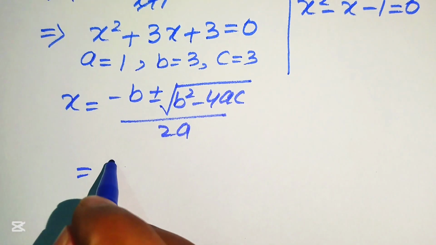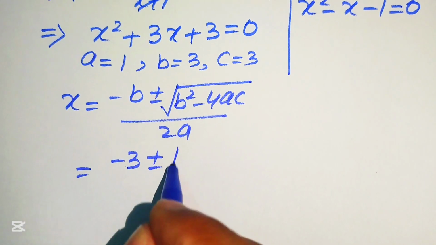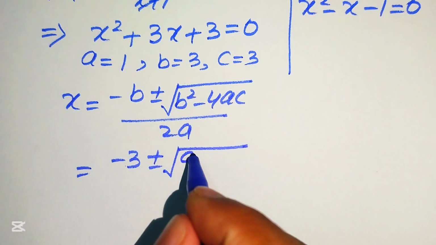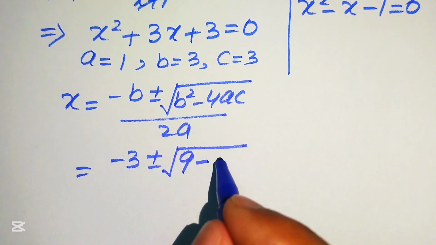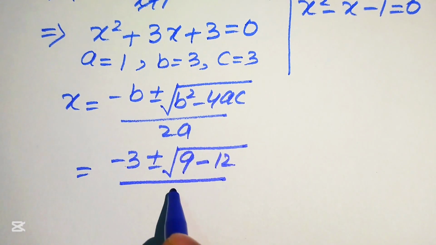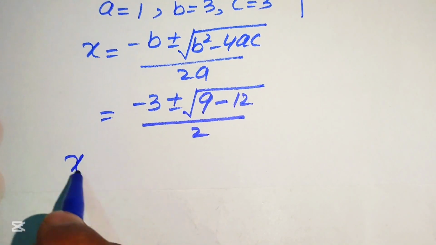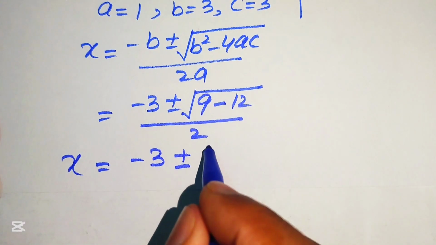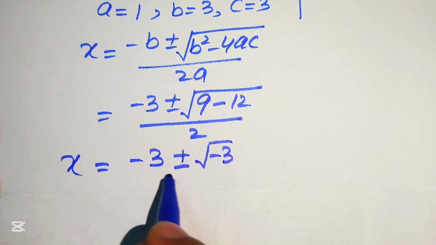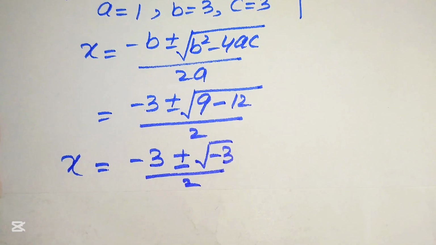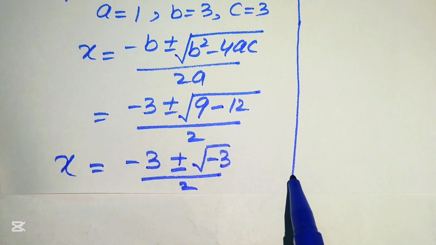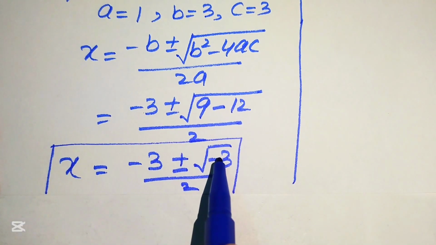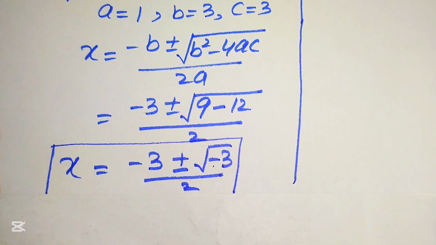So the value is minus 3 plus minus square root of b square. b is 3 and 3 square is 9 minus 4 times 3 becomes 12, and it is divided by 2. And here we get x equals to minus 3 plus minus square root of 9 minus 12 equals to minus 3, and it is divided by 2. Okay, so these are the two complex roots of the given equation, because we have a negative sign inside the square root.